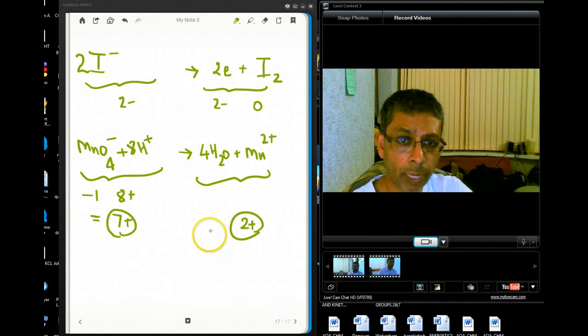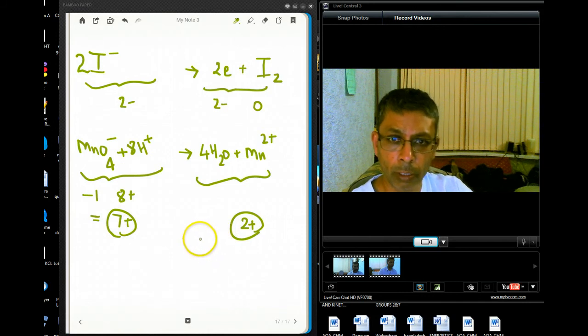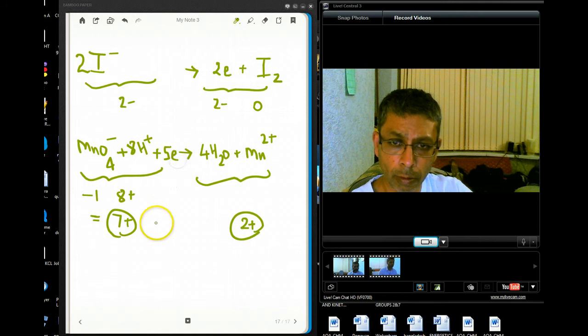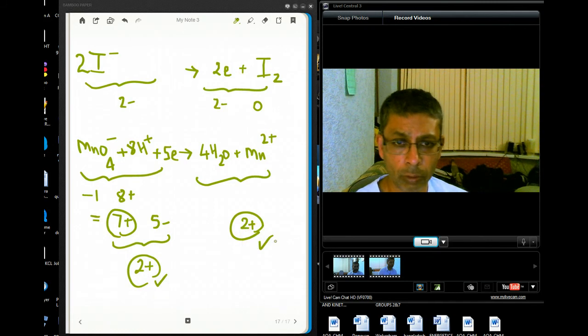So I need to use my electrons, which are negatively charged, to make sure the charges are balanced. So I need to add 5 negatives on the left hand side. Can you see? Okay, so 5 negatives, and that adds up to 2 plus now. And so we have the charges are also balanced. So there's my half equation. Okay, so half equation there, half equation there.